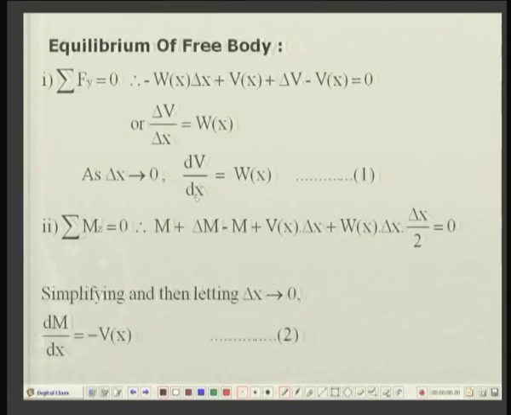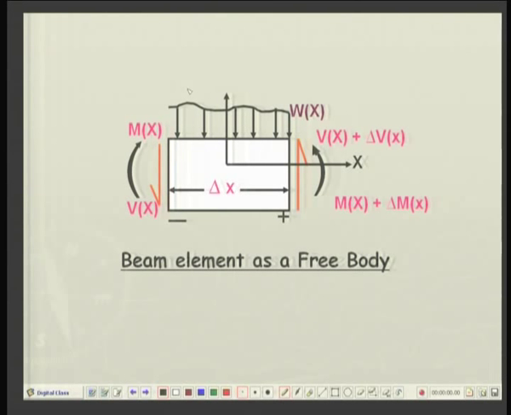Writing down the equations of equilibrium for this free body: sum of all the vertical forces, sigma Fy, is equal to 0. Wx is the load per unit length, and delta x being a very, very small length, you can consider it an average load times delta x.